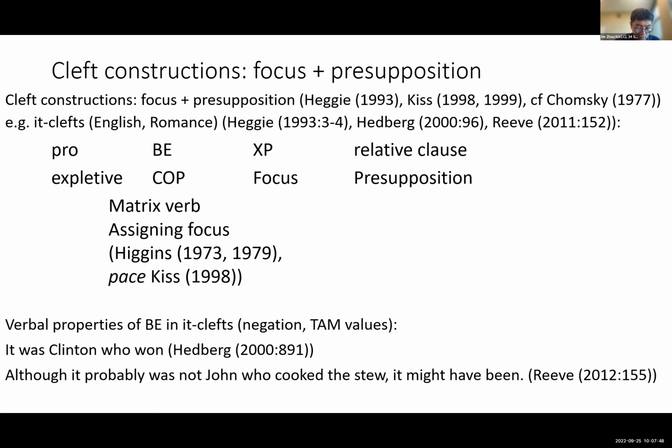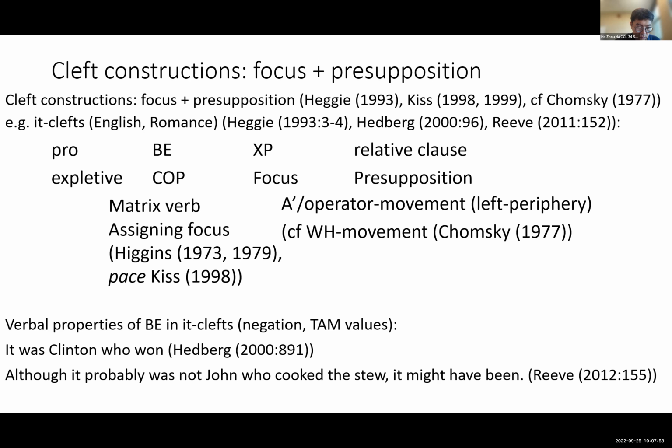So this looks like a verb assigning focus rather than a focus head, as early works on clefts have tried to argue. And in order to derive the bipartition in clefts, people have shown that there is an A-bar, some kind of operator movement fronting the focused element. Again, this goes back to Chomsky in 1977, who derives the relativization by A-bar movement.